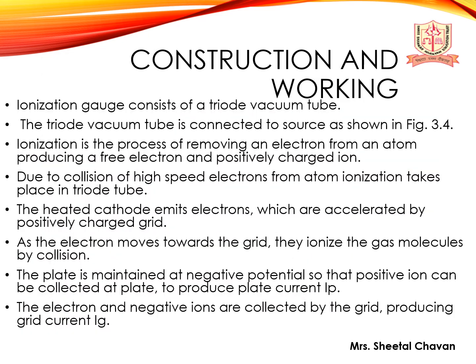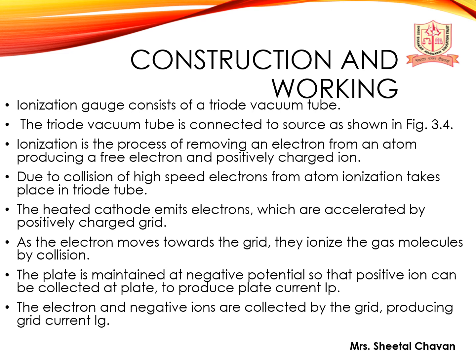Construction and working. The ionization gauge consists of a triode vacuum tube. The triode vacuum tube is connected to the source as shown in the figure. Ionization is the process of removing an electron from an atom, producing a free electron and a positively charged ion. Due to collision of high-speed electrons with atoms, ionization takes place in the triode tube.